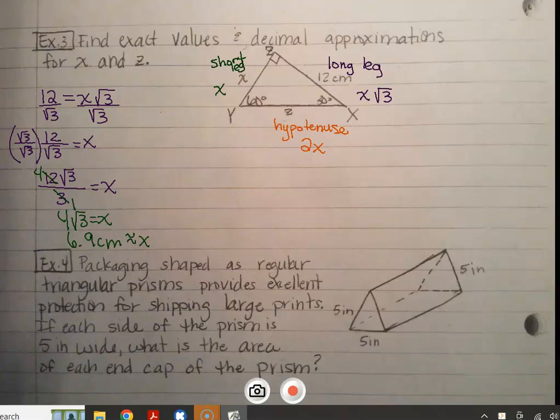All right, so now we've got x, which is this side, our short leg. So now we can solve for 2x. We need to use our exact measurement, right? So it's going to equal 2 times 4 times the square root of 3. We always want to use the exact, and then we can put it in for our measurement. Or I shouldn't say 2x. This is z.